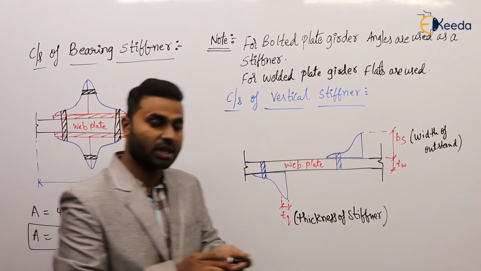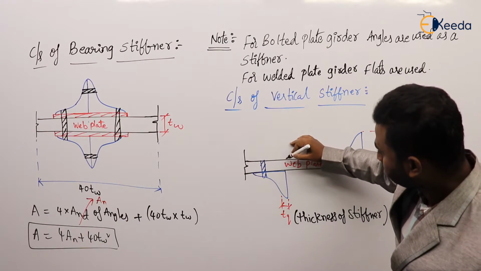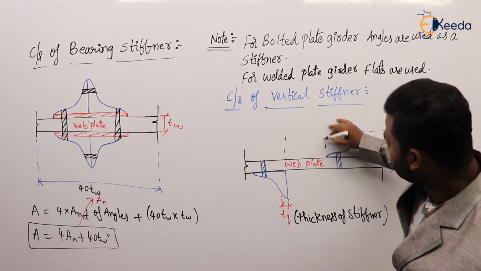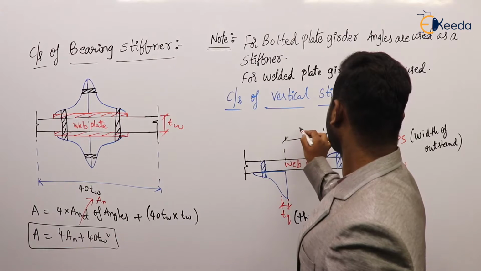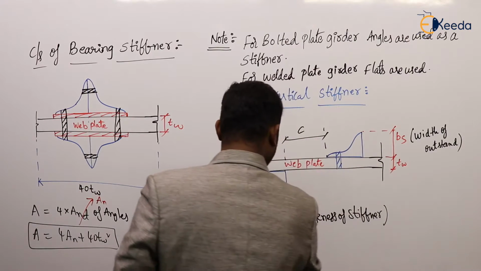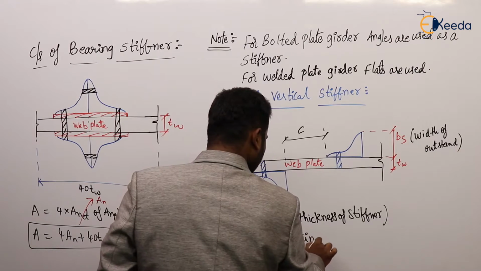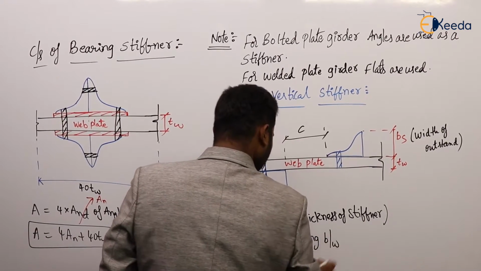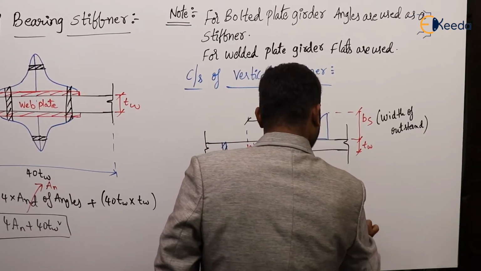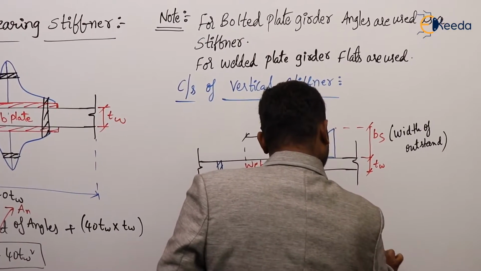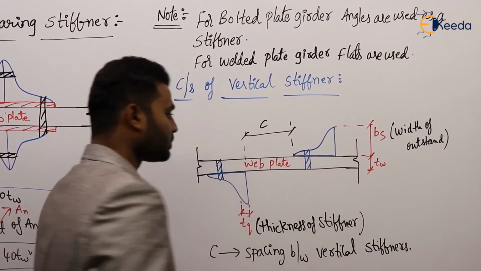So here the spacing can also be taken as C. C is the spacing between the stiffeners.